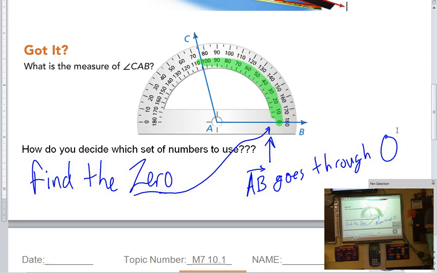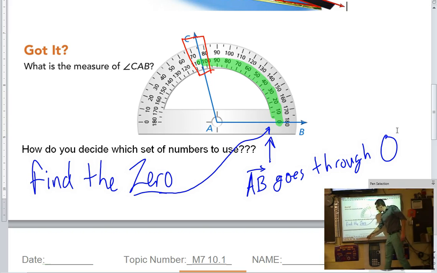Casey, so can we just do where if it's over 90, use the other set? If you know that your angle's obtuse, then you know that it has to be over 90. So when you look right up here and you say, okay, which set of these is going to let me be over 90? Is it the 70, 80 or the 100, 110? You can figure that out, right?